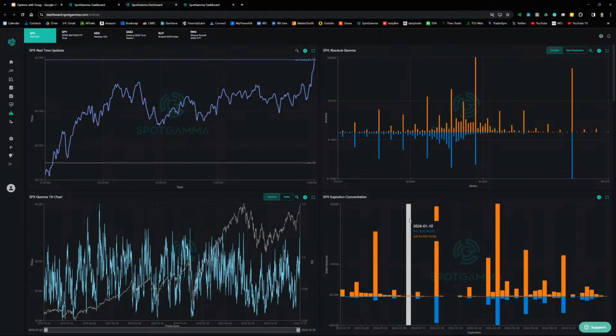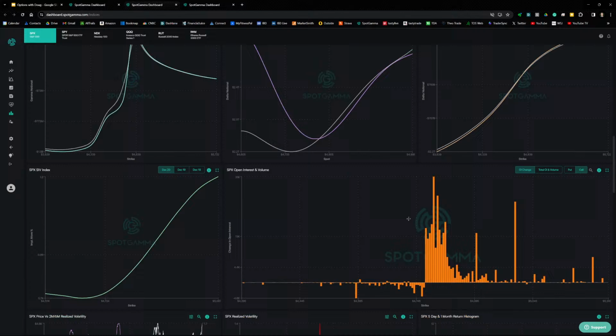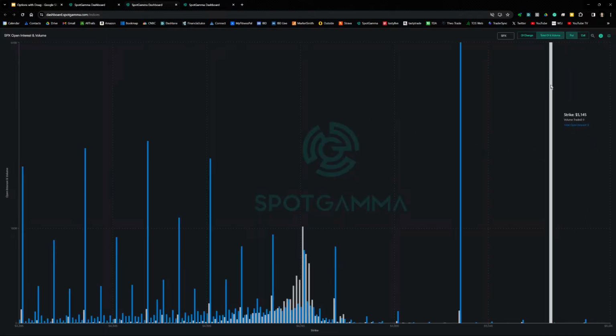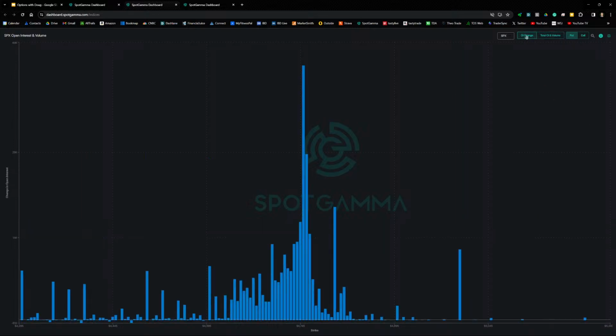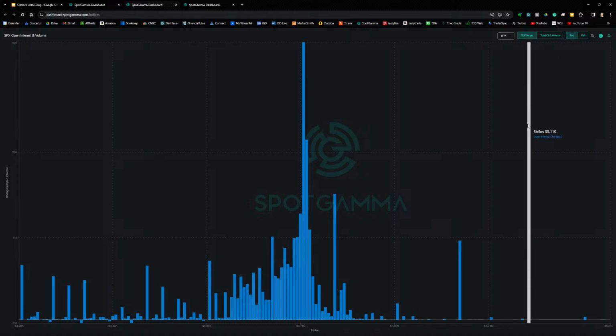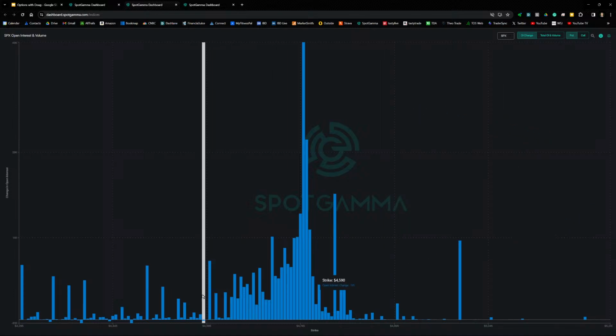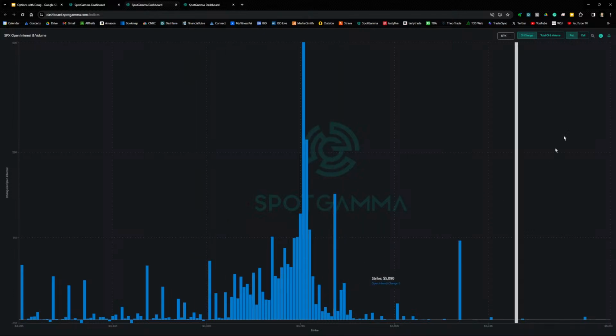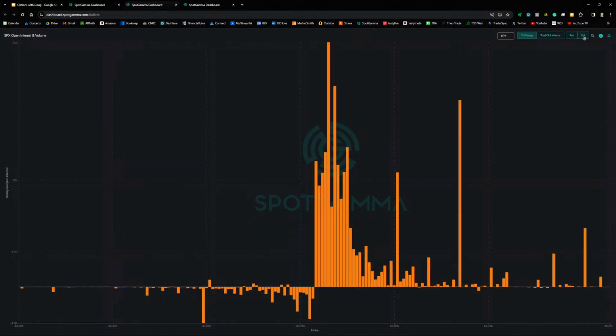Well, let's take a look at one other thing, just to give us an idea of sentiment here. What I'm going to show, this is for SPX, is the open interest change from yesterday to today. This is showing puts first. This is all the open interest that was added to puts yesterday. So quite a bit in this range from around 4,600 to 4,800. More importantly, what I want to show is calls.